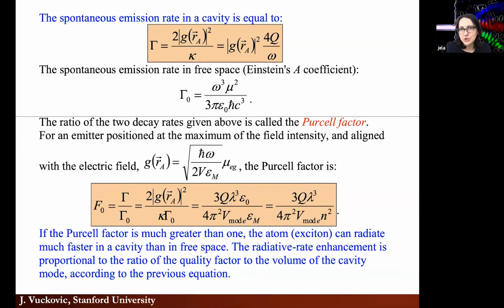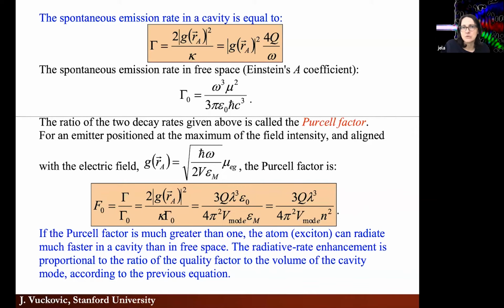So in conclusion, 2G squared over kappa gives you the maximum spontaneous emission rate that you can have for an atom in the cavity. It's exactly the same as the result you derived from Fermi's golden rule.